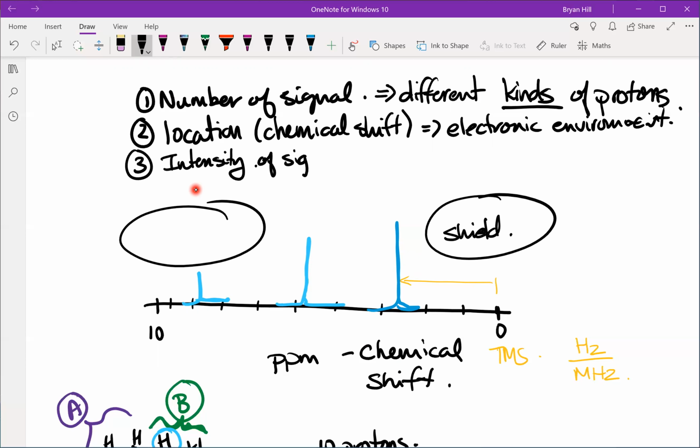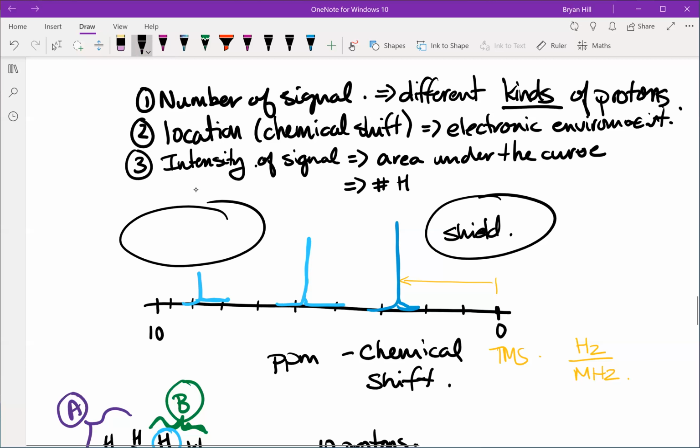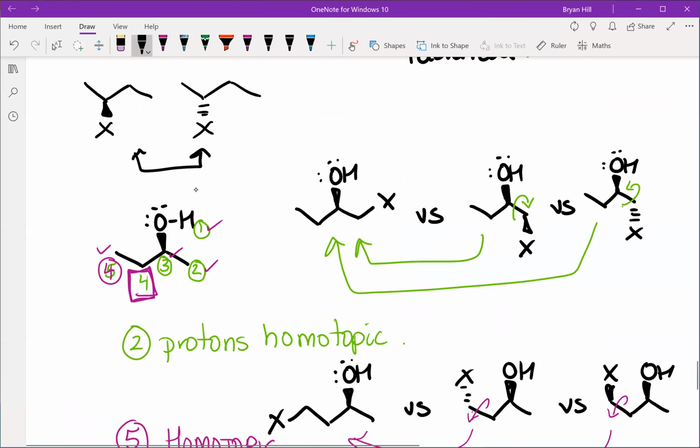If you do the mathematical area under the curve, this would give us an integral, and that's going to tell us the number of protons that make up that signal. So I'm going to redraw this little chart way down here.